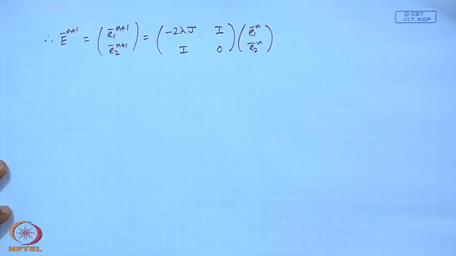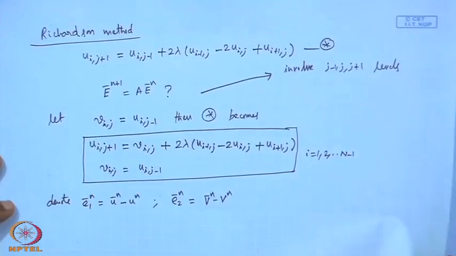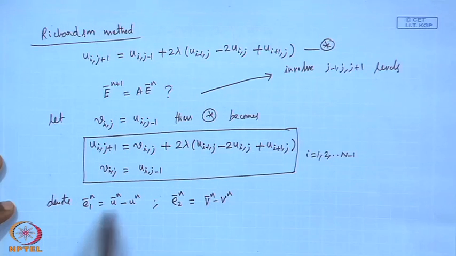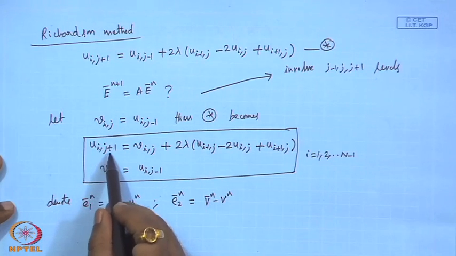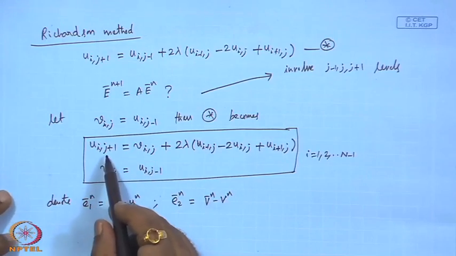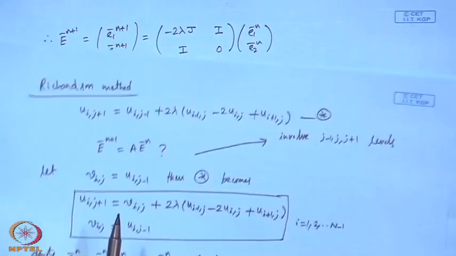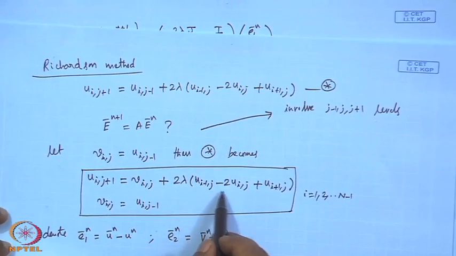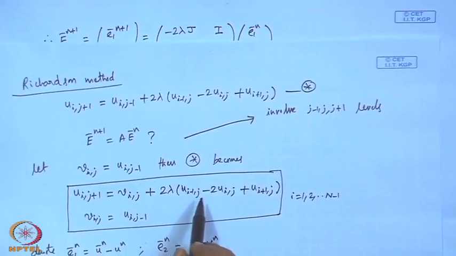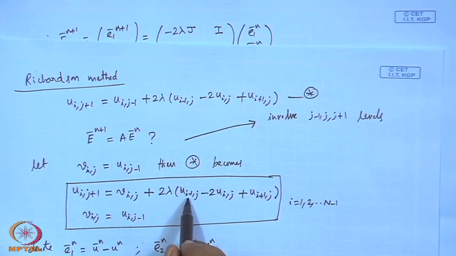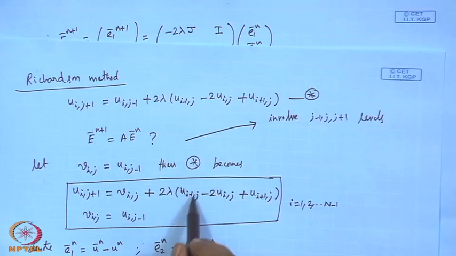So, let us see closely. When we introduce this notation E n plus 1 here, we get E n plus 1, and here E n is multiplying. When i equals 1, this is in the boundary term, right.